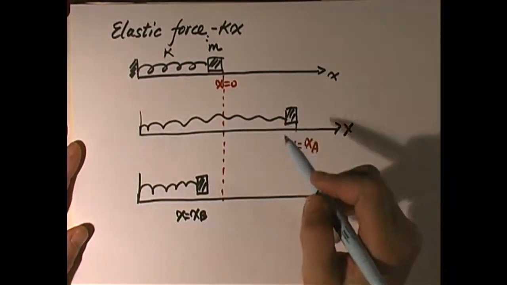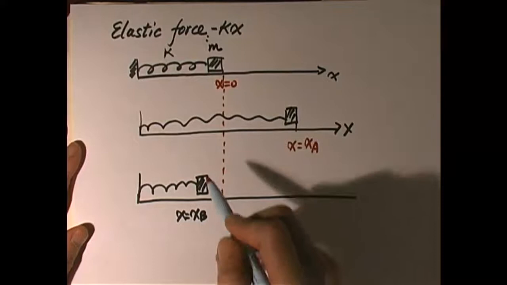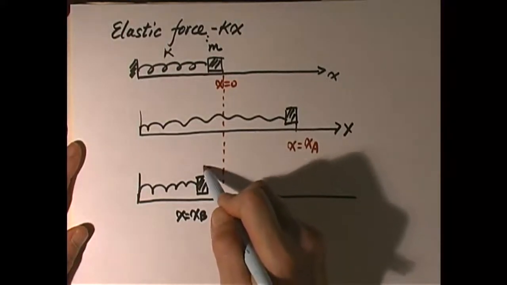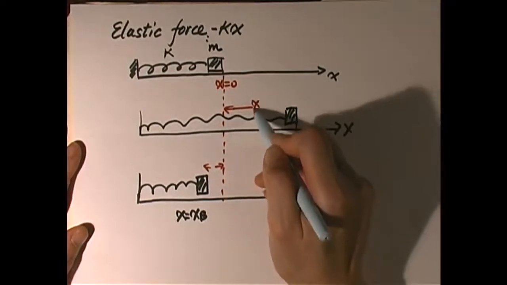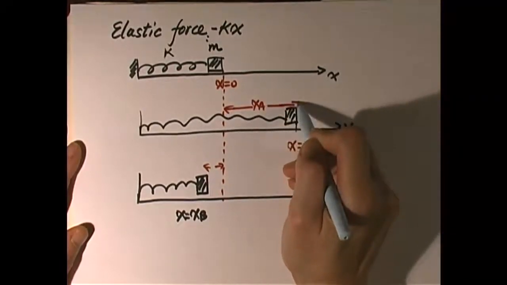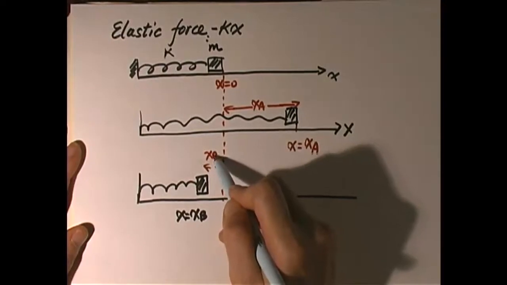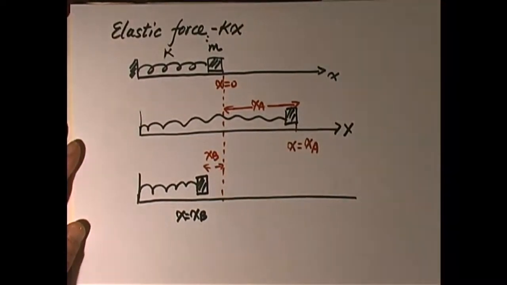So obviously that is that much, and this is this much, x of a, and that is x of b. Okay. If we ask this question, what is the work done by the elastic force when the object starts from x equal to xa and goes to x equal to xb?